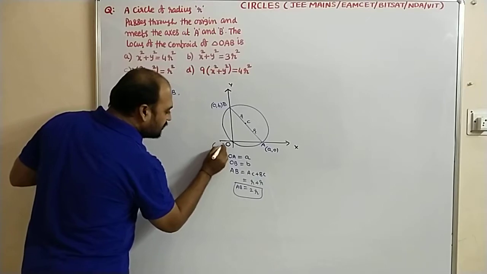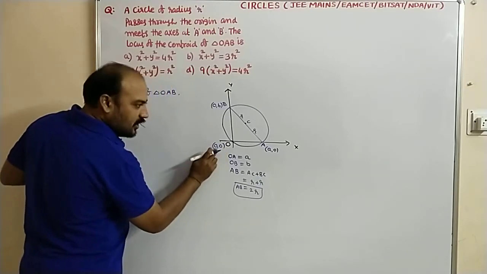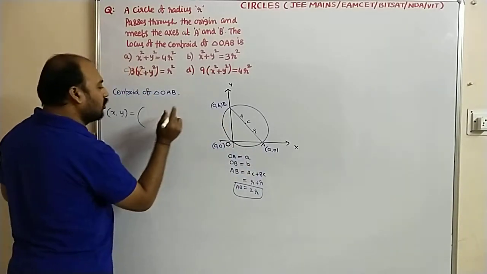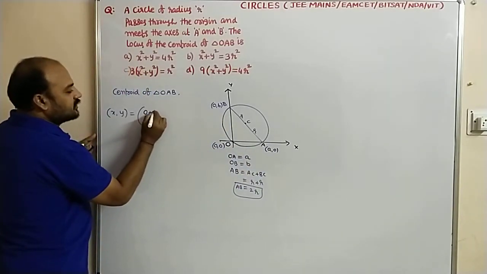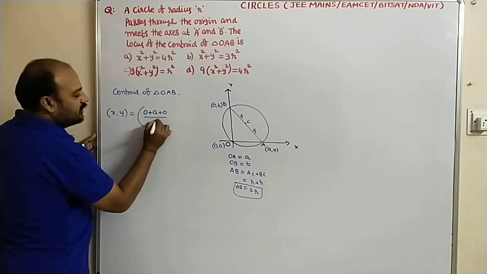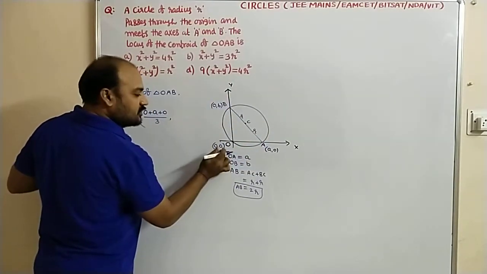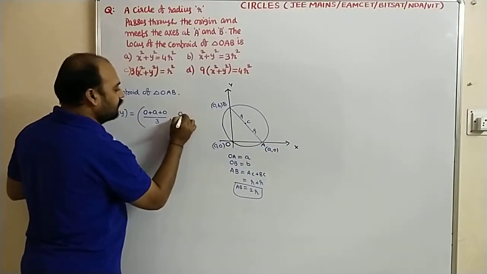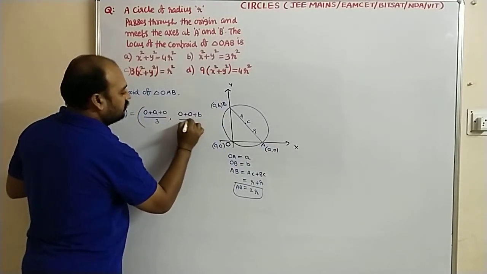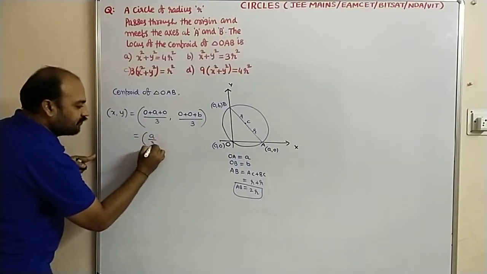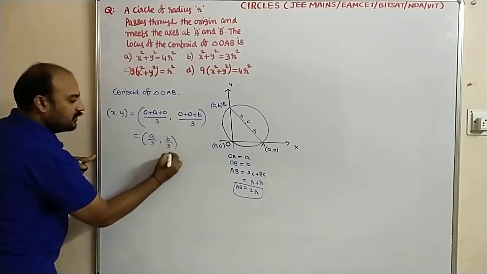The origin is 0 comma 0, so the x coordinate is 0 plus a plus 0 divided by 3, and the y coordinate is 0 plus 0 plus b divided by 3. So we can write it as a by 3 comma b by 3.